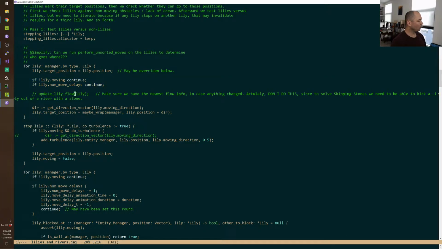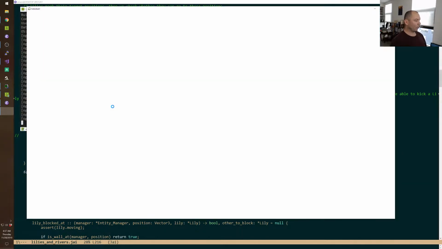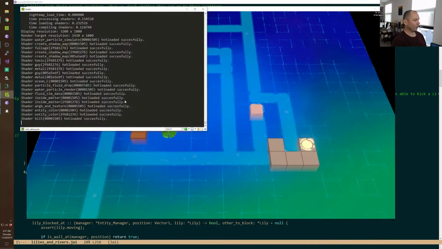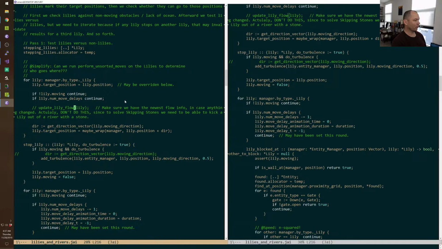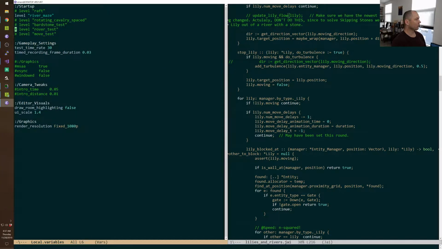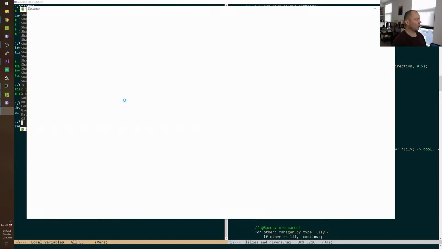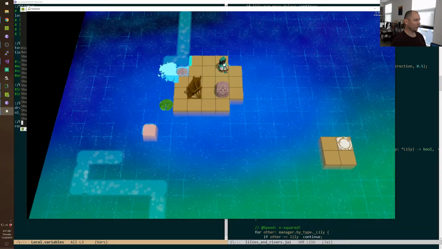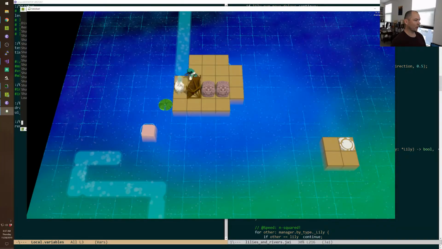Oh, you know, there's a clue that I wasn't paying enough attention to. Here, let's start ourselves on that level. There's a clue, which is in the beginning there when the lily's not moving. This is due to our undo not getting saved.